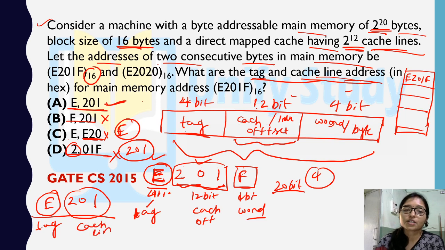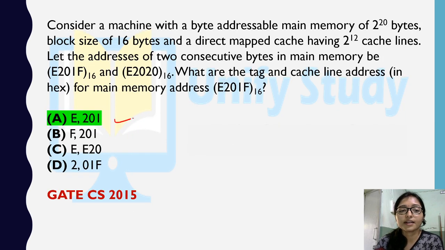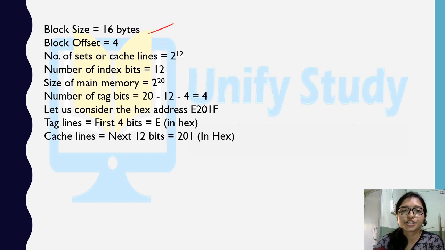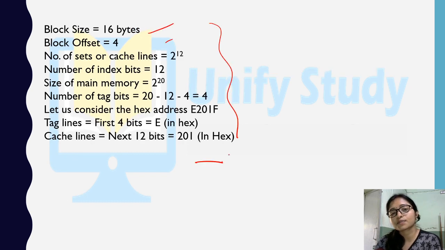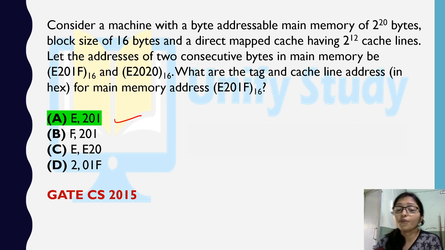That's why the answer is here, and this is the explanation I have written. I think from these 2 questions your concept is clear. We have discussed 2 types of questions from direct cache mapping, and you will be able to solve many questions.